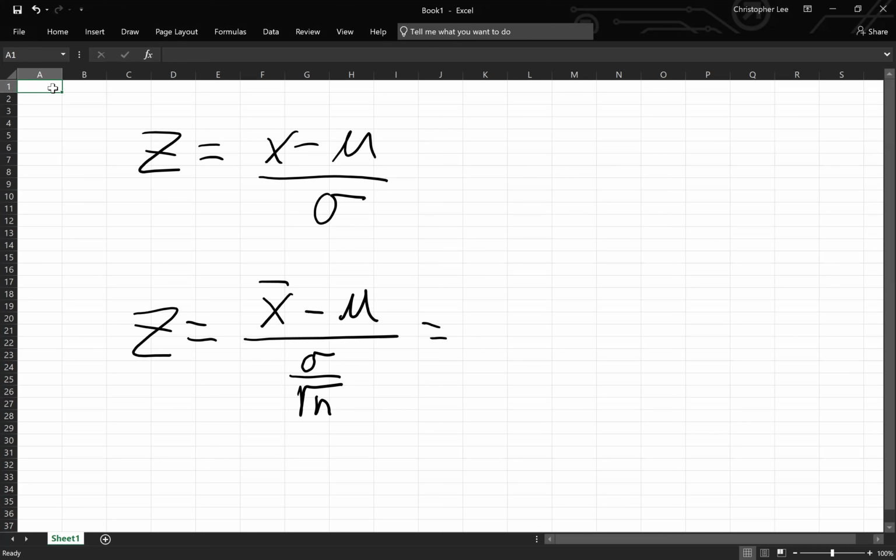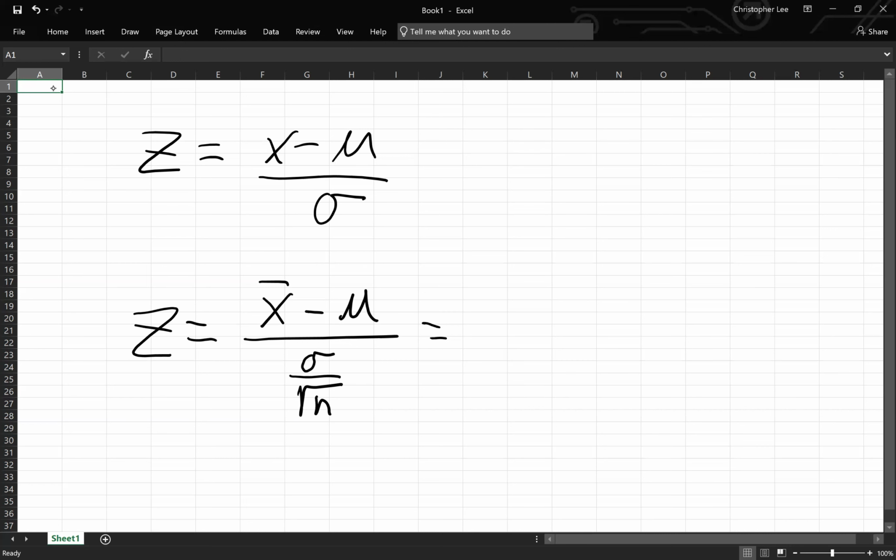So what's happening in this one? In the old formula, I know the actual population mean and the actual population standard deviation, so I'm good to go with that.